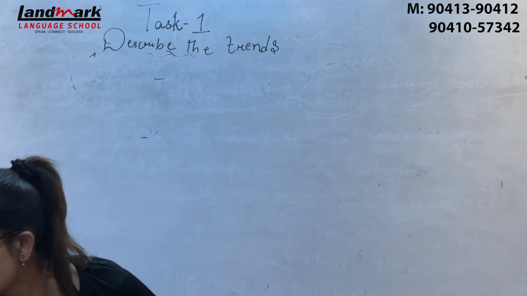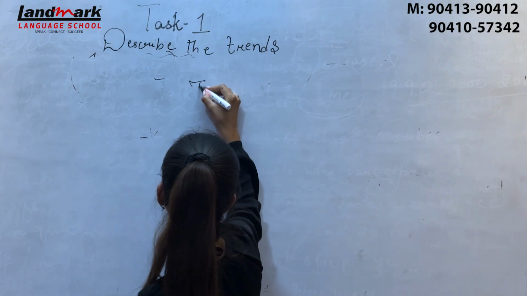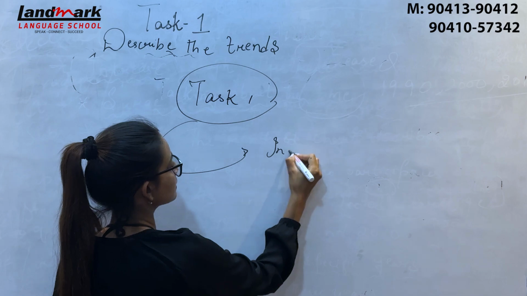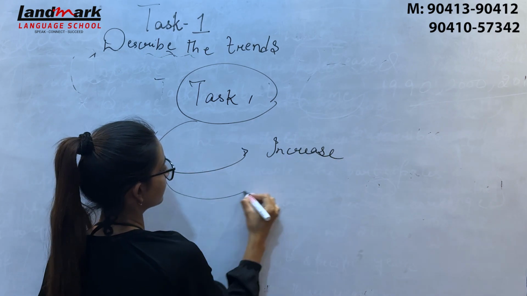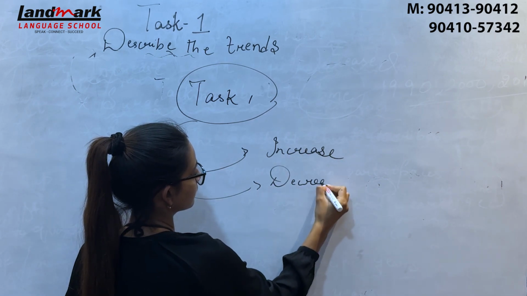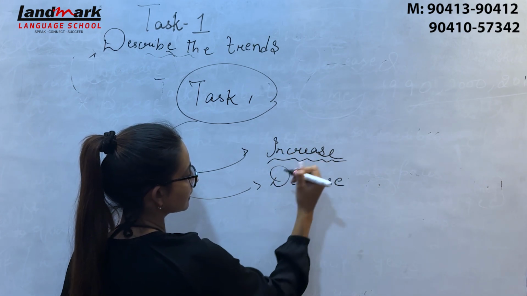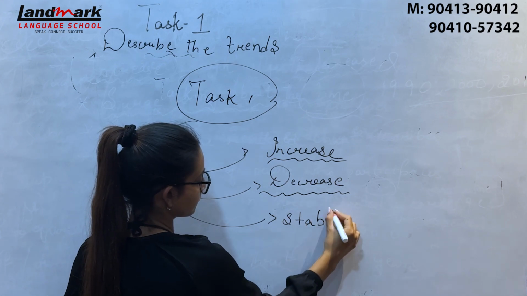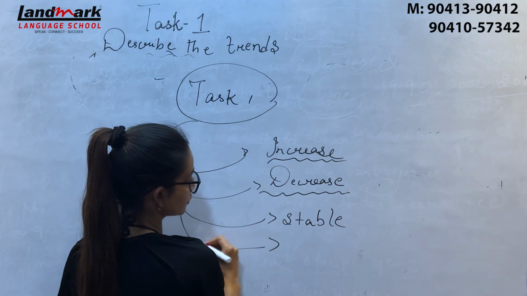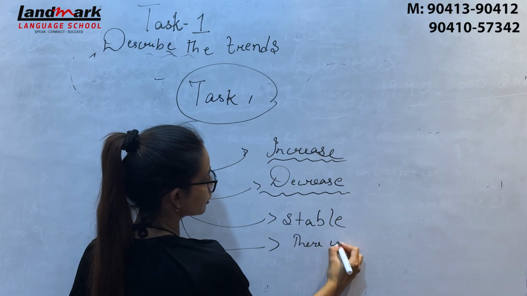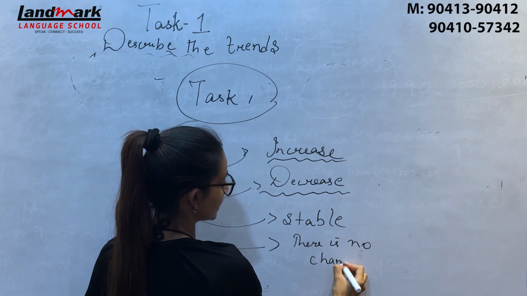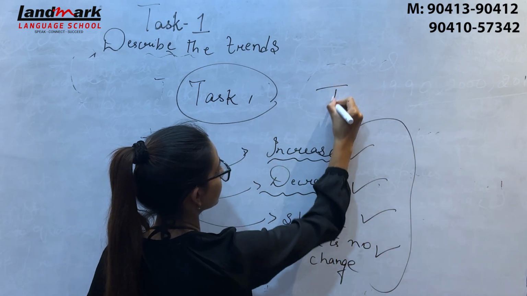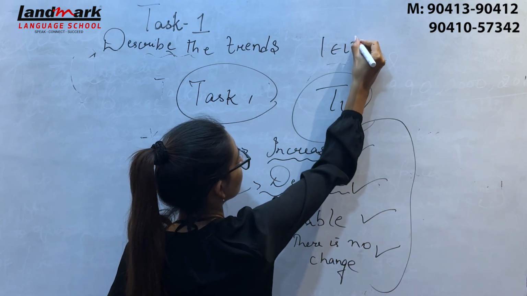Basically, it is about which figures increased, which figures decreased, which figure remained stable, and in which figure there is no change. So basically these four things are seen in Task 1 of IELTS writing.